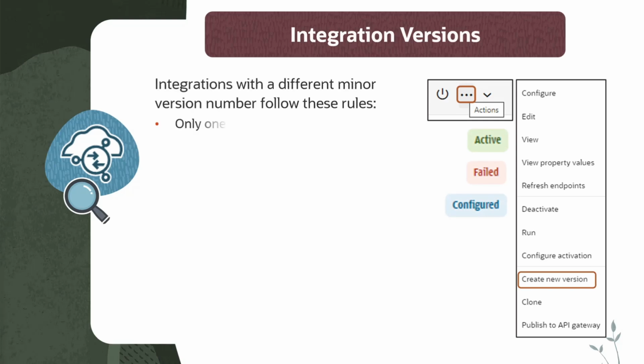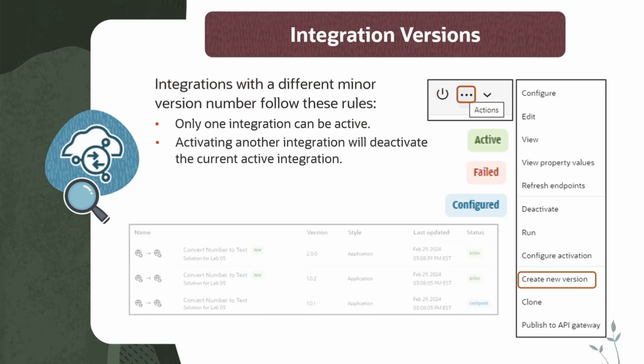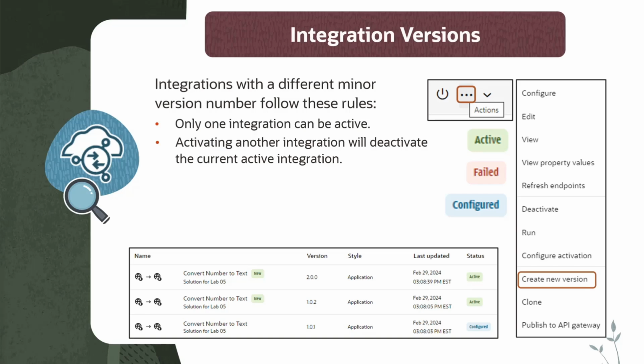However, there are some rules with regard to activating minor versions. Since they are tied to each other with the major version number, only one of them can be active at any given time. Also, when you do try to activate an integration sharing the same major version, it will automatically deactivate the current active integration.